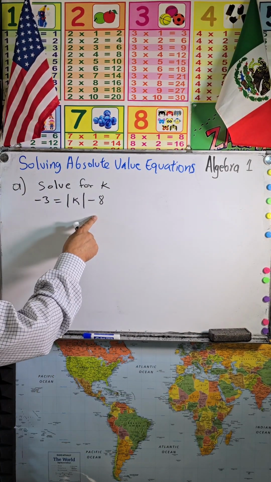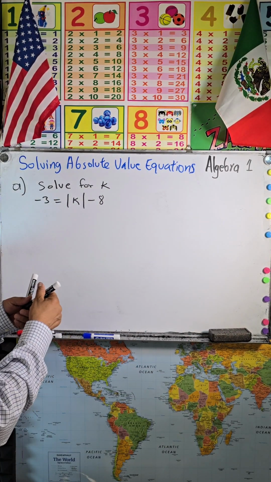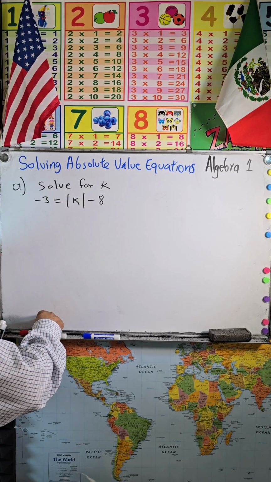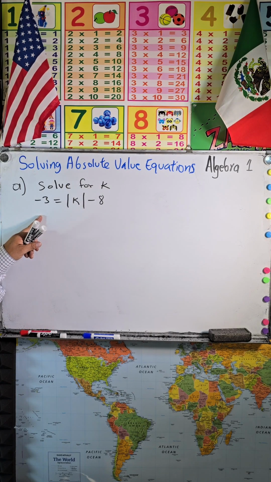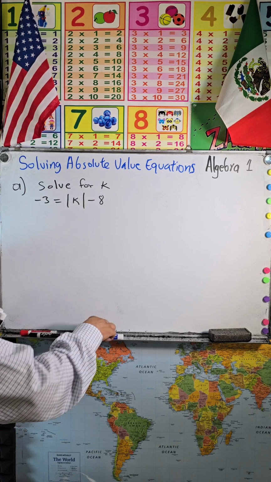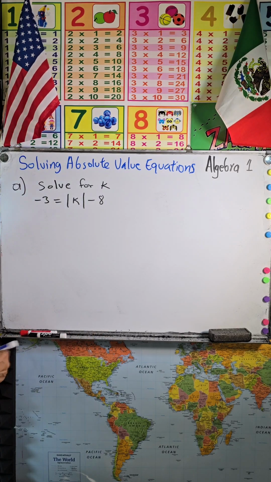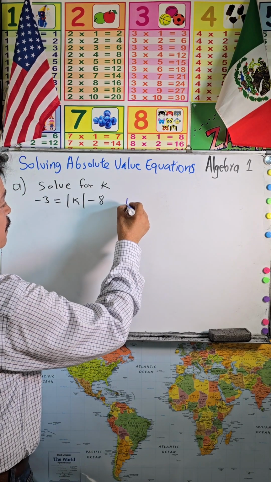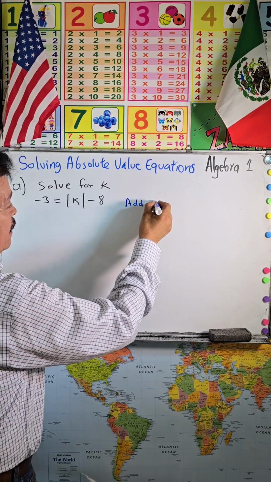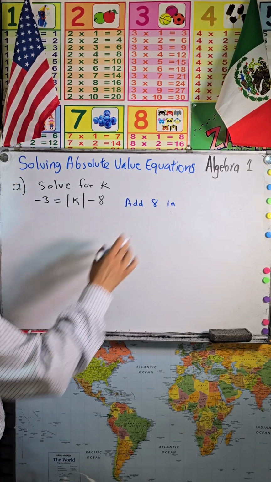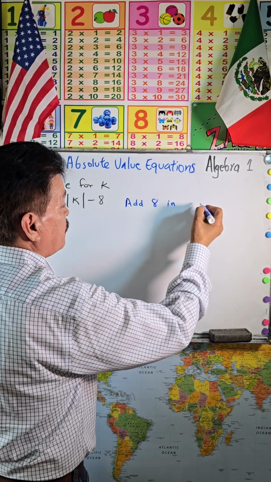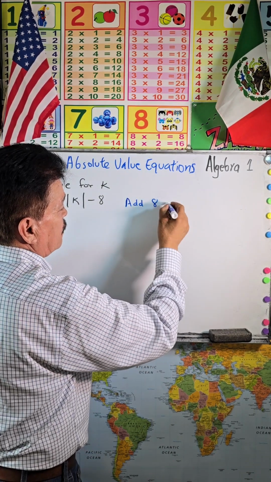We have this problem here. So solve for x. The next step is to add 8 to both sides.